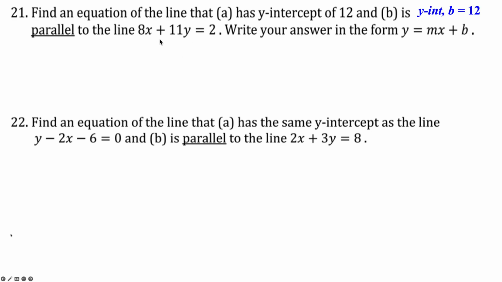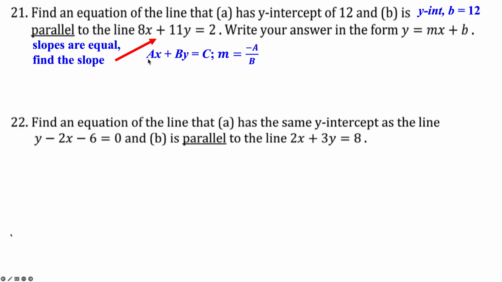But here you need to go find the slope to be the same as this. So remember, your slope was negative a over b. 8 is your a, so the opposite of 8, negative 8 over 11 is my slope. There's my y-intercept. There's the equation of my line.